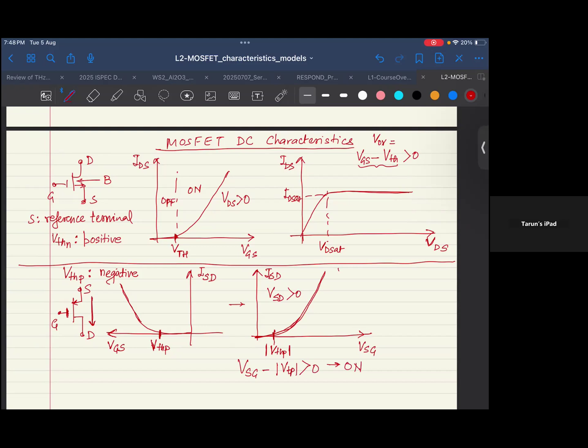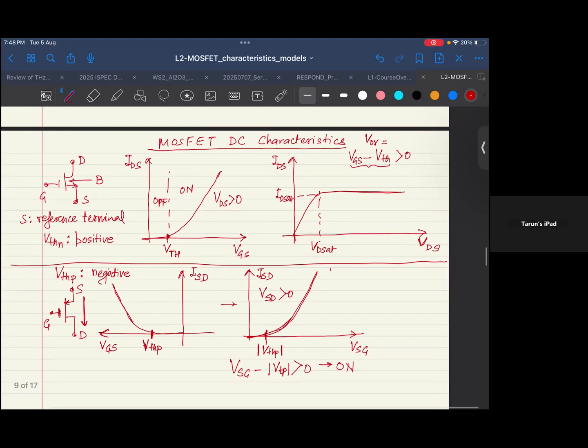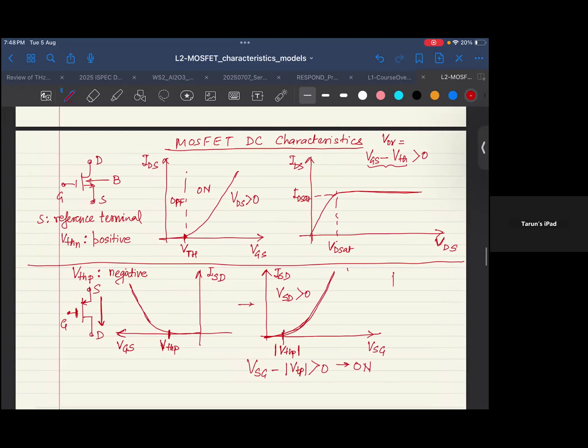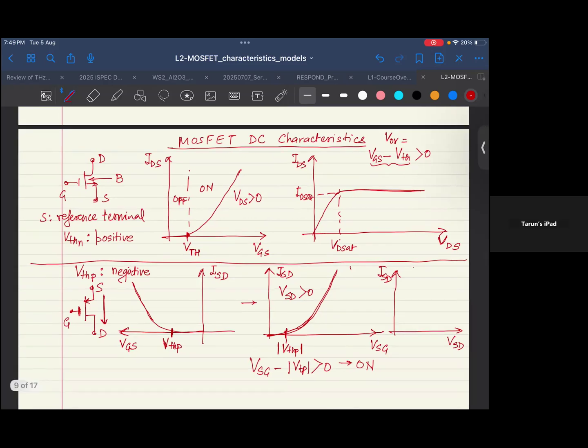is on, right? Similarly, we can also draw the characteristics for ISD versus which one? VSD. So we just reverse the terminology, and we know that now we are plotting for the condition when VSG is greater than mod of VTHP, right?